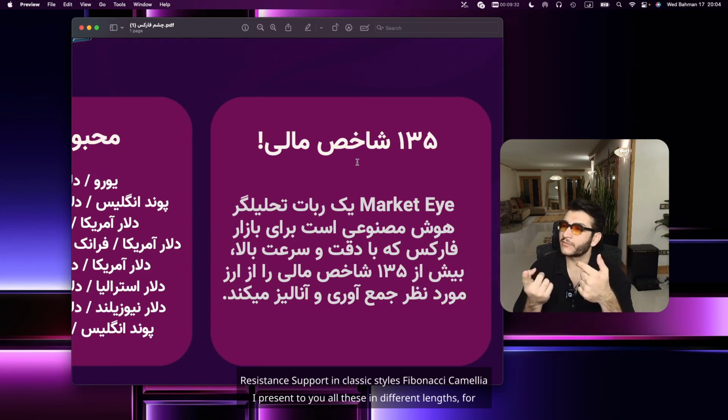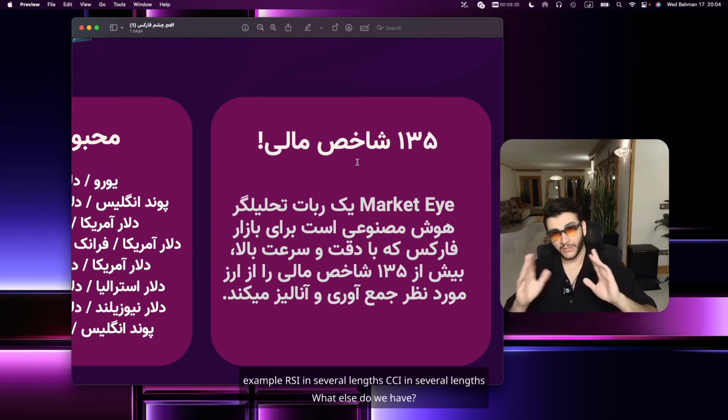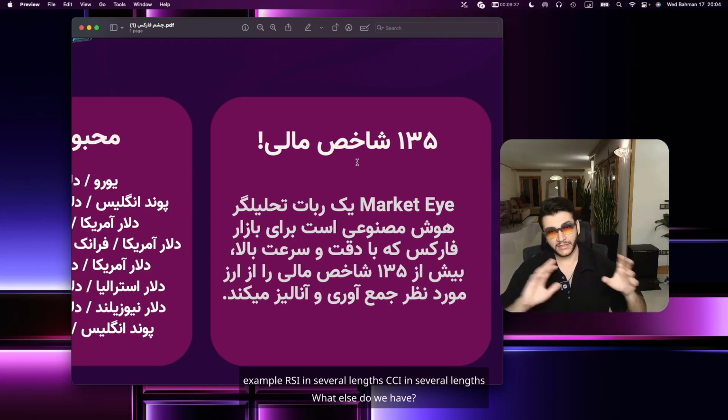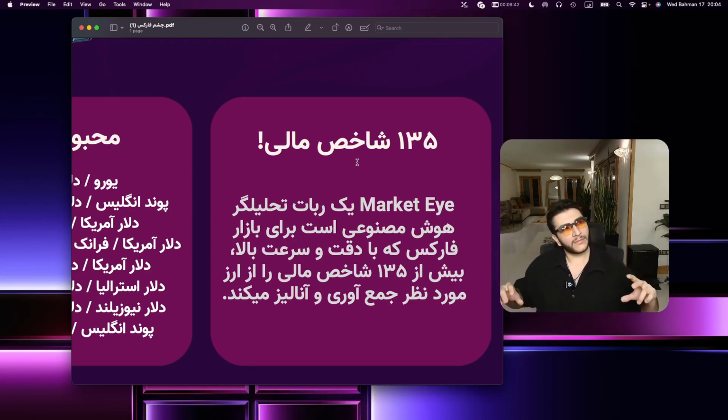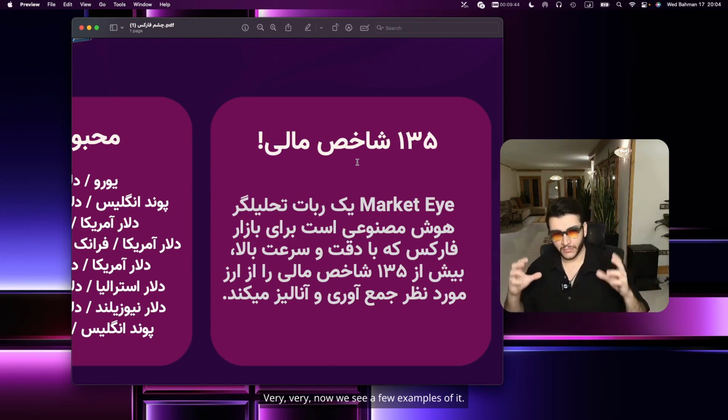I present to you all these in different lengths. For example, RSI in several lengths, CCI in several lengths. What else do we have? Now we see a few examples of it.